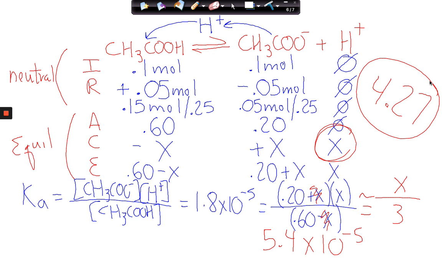Now here's the hazard. You look at this and you're like, great. But guys, remind yourself, where did this buffer start? 4.74. pH is pKa, right? This thing started at 4.74. So guys, its pH only went down, therefore more acidic, right?